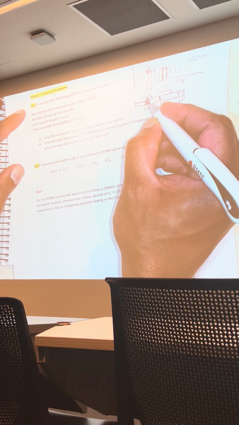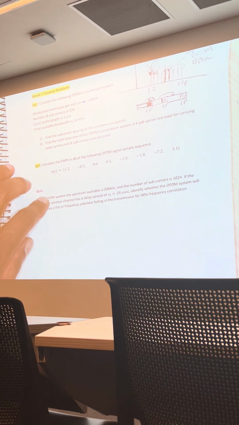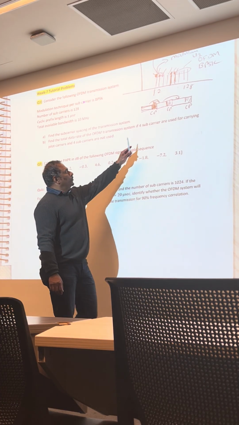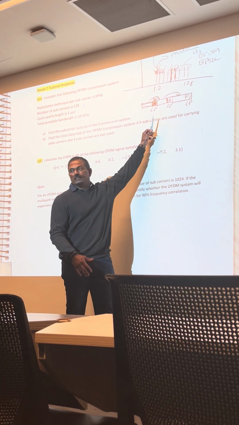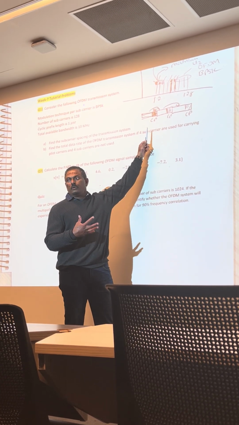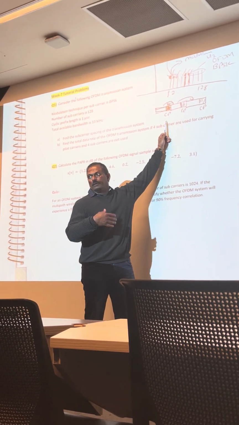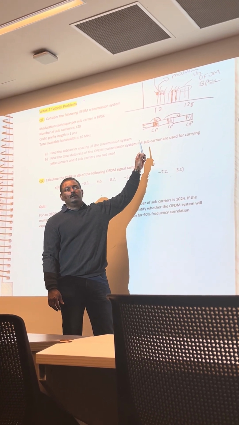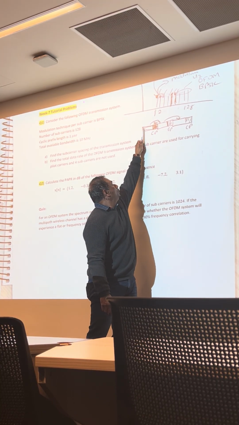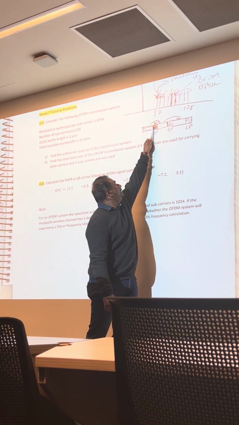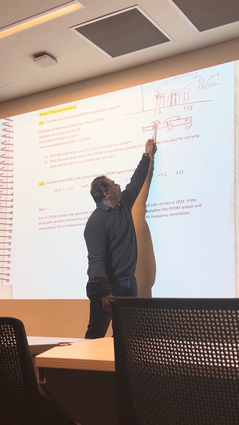This cyclic prefix, this guard band, can be a bunch of zeros. But when we put a bunch of zeros, let's say no signal, then the transmission becomes so complex from a signals perspective that the recovery of the data becomes pretty hard. So instead what we do is we copy the first part of the same symbol and paste it at the end for all the symbols.